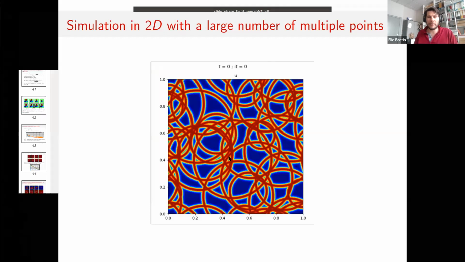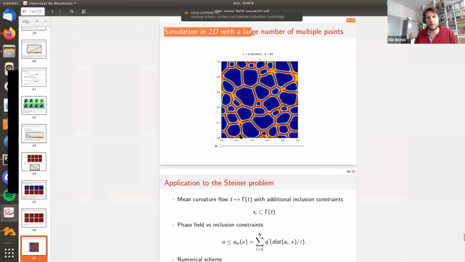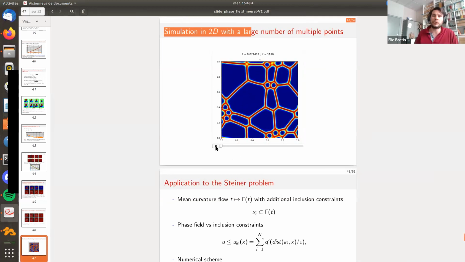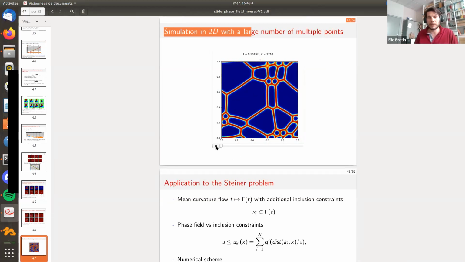I just have an example of simulation with a lot of triple points, and you see the evolution we can obtain. So it's a very natural evolution.